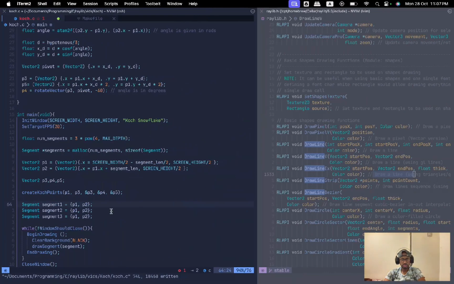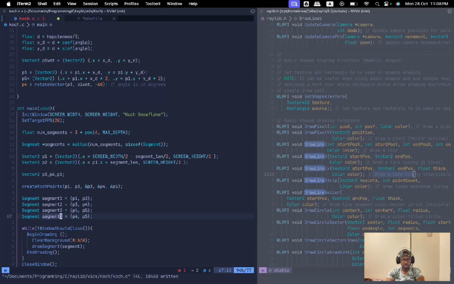So the first segment would be from p1 to p3, from p3 to p4, from p4 to p5, and the final segment from p5 to p2.